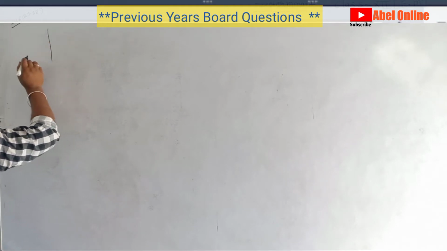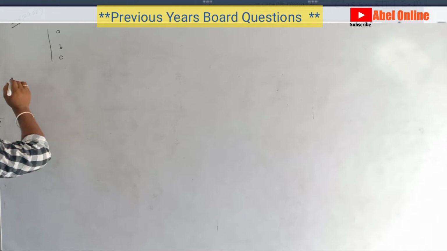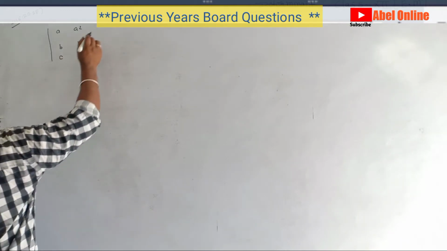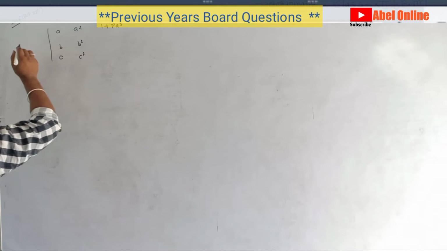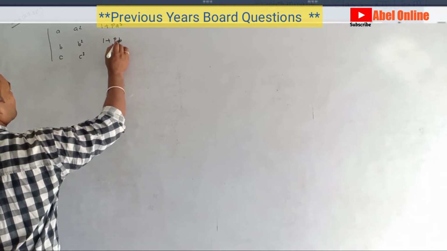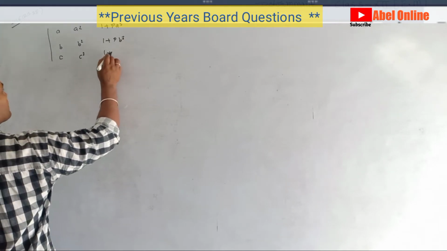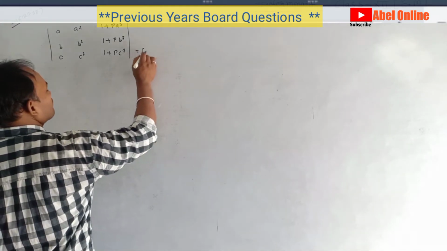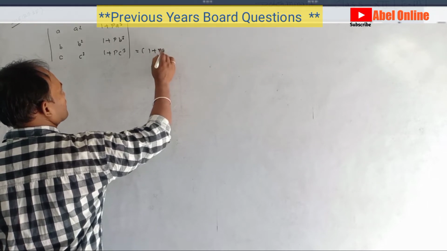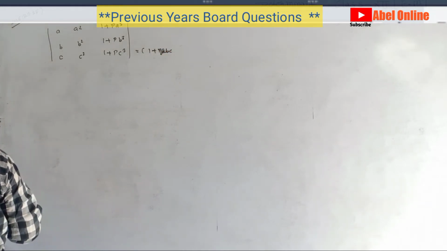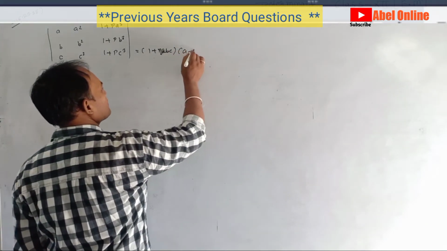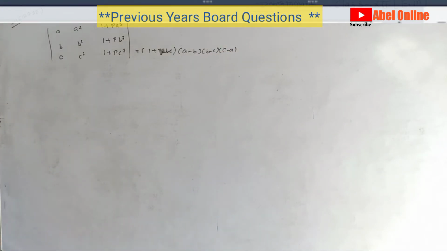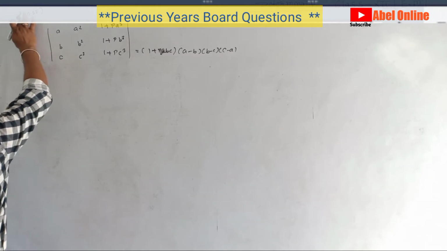The determinant with rows a, b, c; a square, b square, c square; and 1 plus p a cube, 1 plus p b cube, 1 plus p c cube, equals the determinant with rows 1 plus p abc, 1 plus p abc, 1 plus p abc, and a minus b, b minus c, c minus a. This came in 2016. This came in 2017.